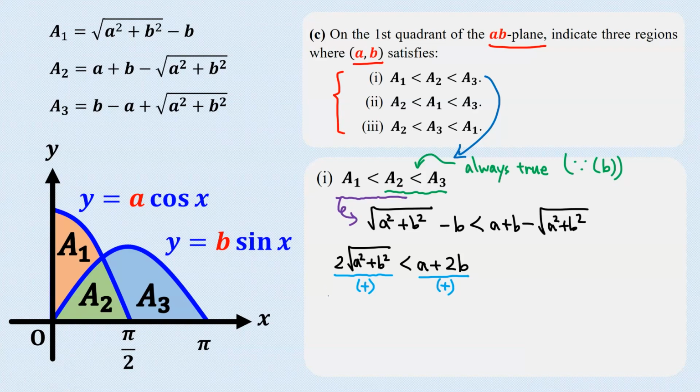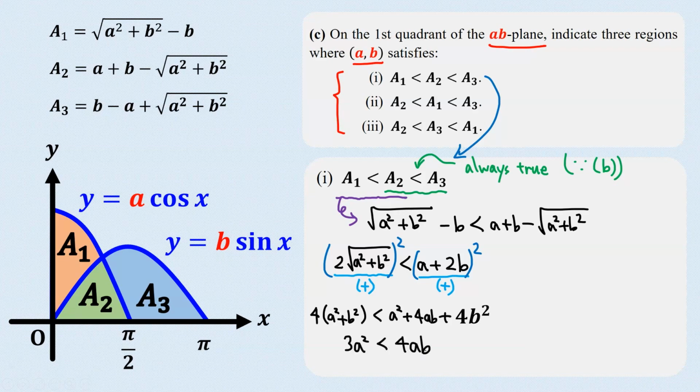Since both sides are positive, we can square both sides. You need to remember that we can do this only because we know that both sides are positive. Then we have 4 times a squared plus b squared is less than a squared plus 4ab plus b squared. So we have 3a squared is less than 4ab.